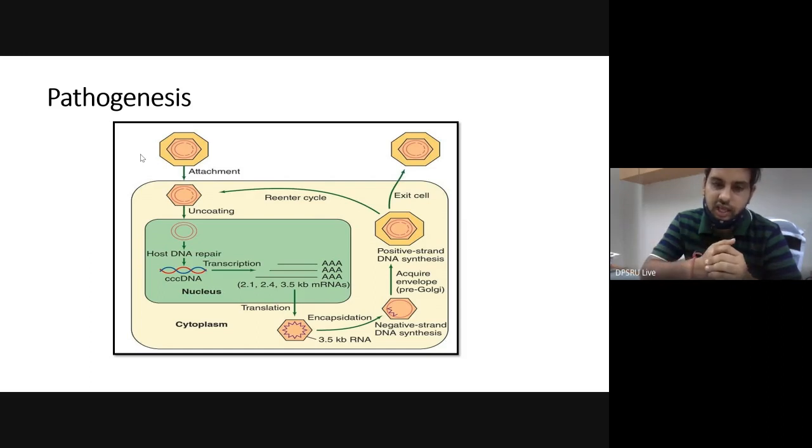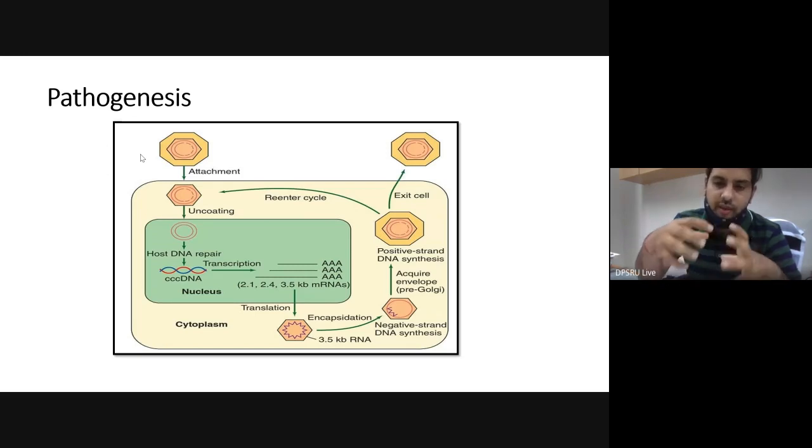You can see from this diagram the different processes for the entry of a virus. It will attach, then uncoat and release its material, and then act on the nucleus and do the transcription and translation of a number of new proteins. Those proteins are required for the development of virions, or new viral copies, and finally it will be released into the bloodstream. So this is for every virus.